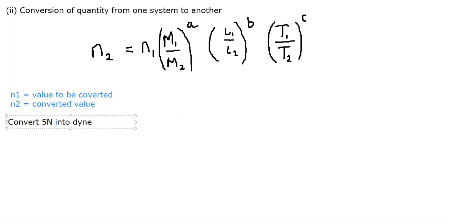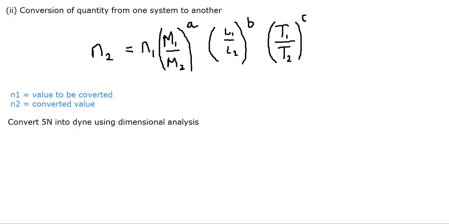So Newton is the SI unit, dyne is the CGS unit. So if I want to convert SI to CGS, I have to use dimensional analysis. The question is: convert 5 Newton into dyne using dimensional analysis. We will understand the formula with the help of this question only.